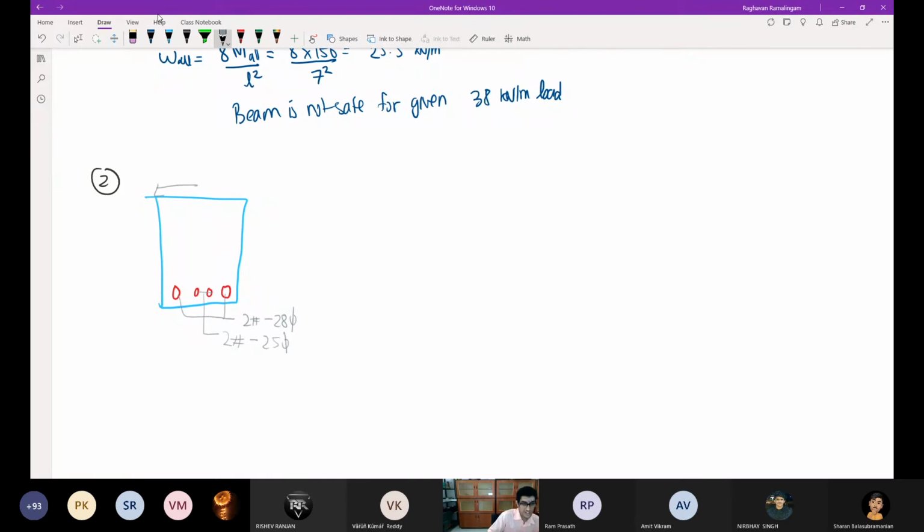Okay, doesn't matter. Anyway, finding the area only will change. 350 breadth, and till the reinforcement it is 670 mm. Okay, so same thing is asked.